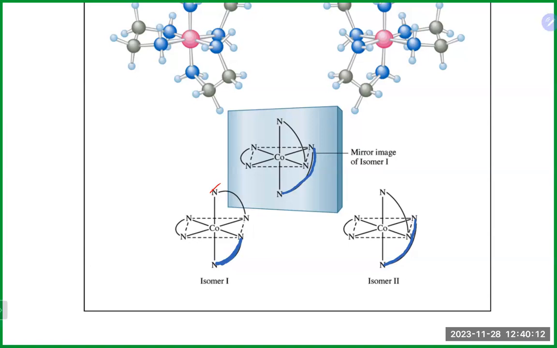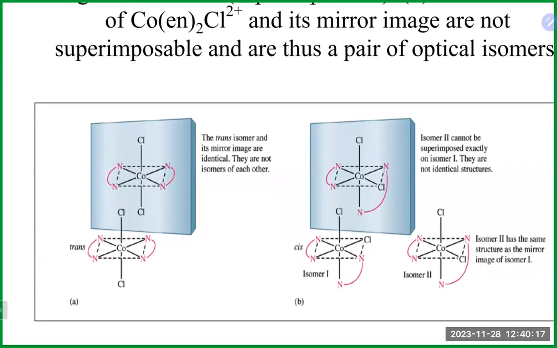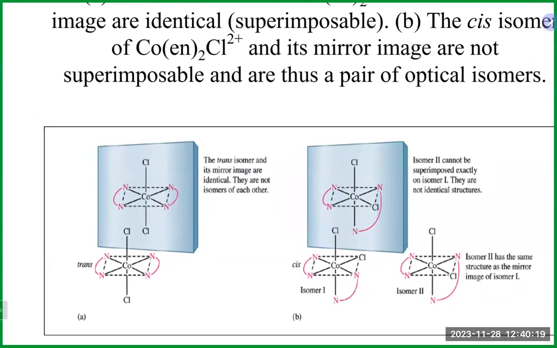Now, if we look at this one here, they are superimposable, which is sometimes referred to as achiral, a mirror image that will superimpose.